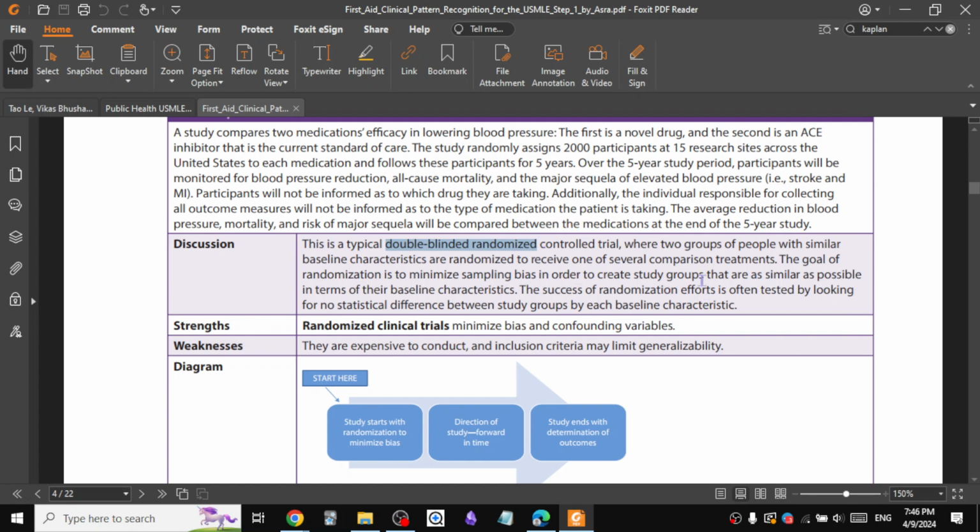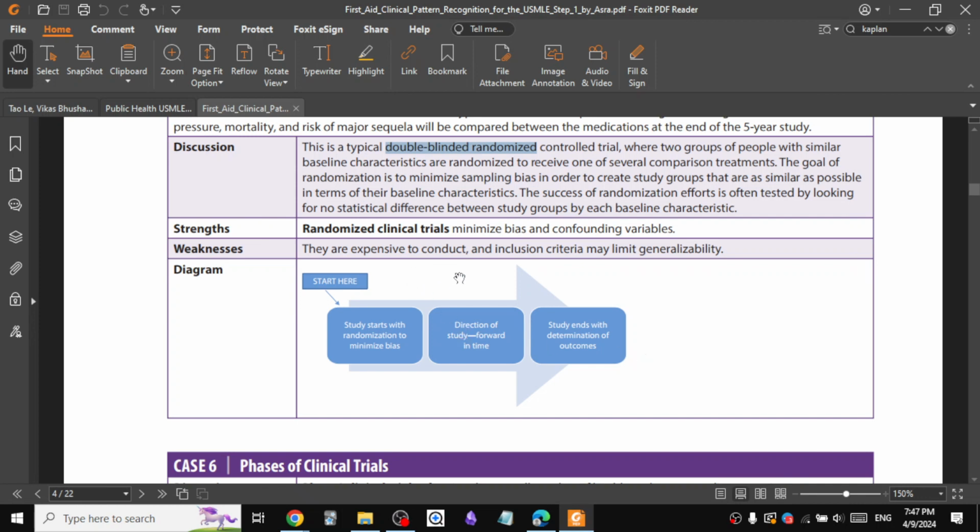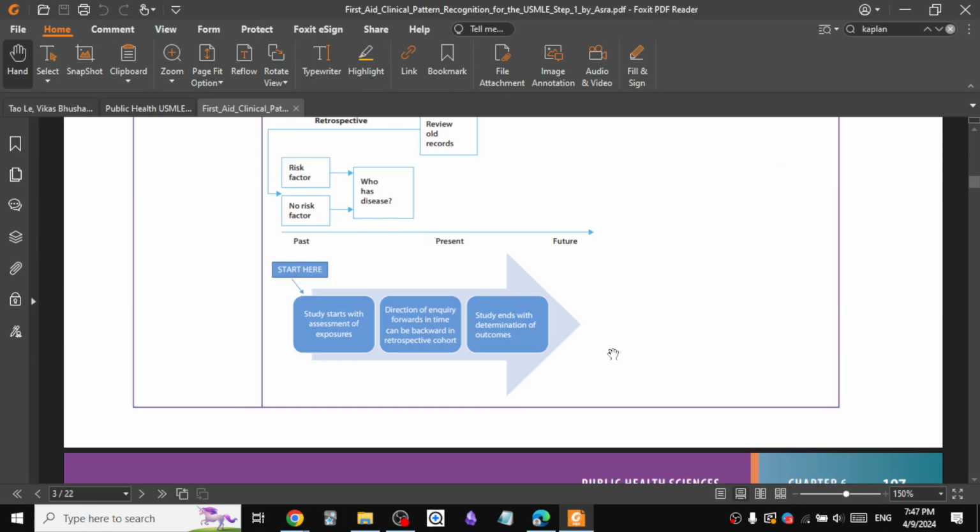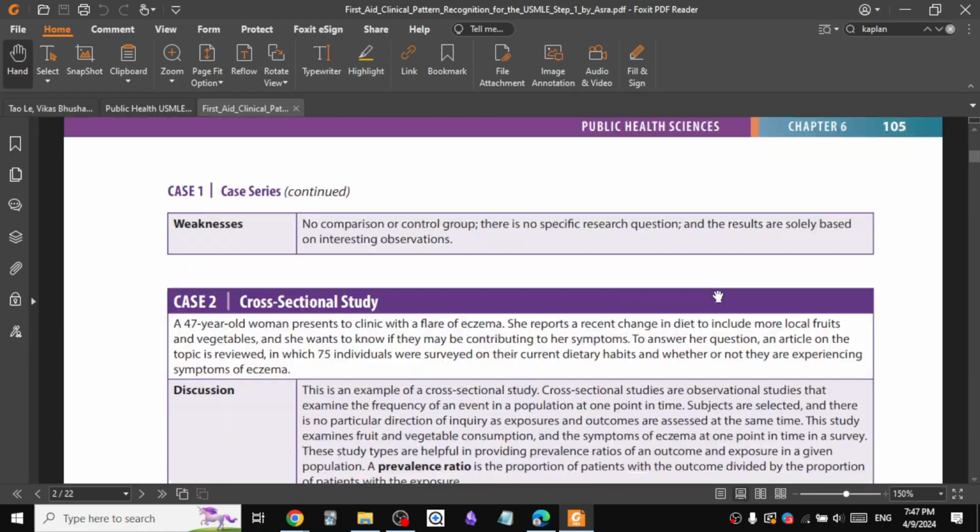The goal of randomization is to minimize sampling bias in order to create study groups, and it's effective. It's expensive, and inclusion criteria may limit generalizability. So you start with randomization to minimize bias, the direction of study is forwards, and the study ends with determination of outcomes. So these were the main types.